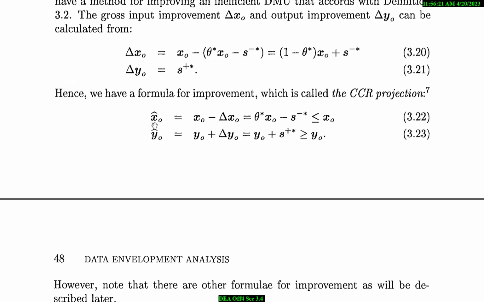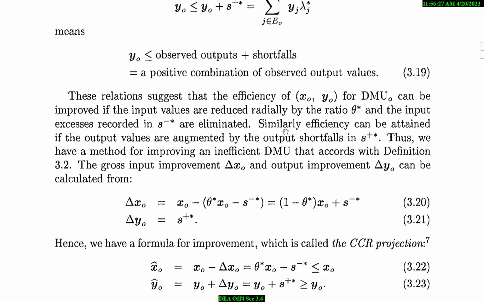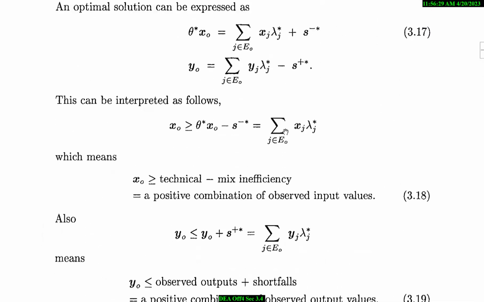This X hat O and Y hat O was defined as this. Of course, X hat O also is this value, the positive combination of the inputs of DMUs in the reference set, and the Y hat O is also this combination.